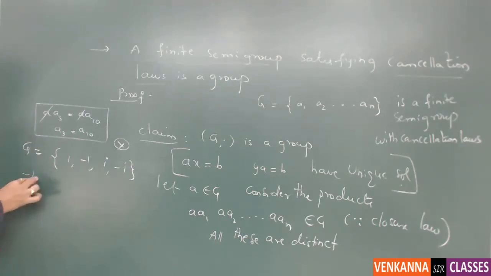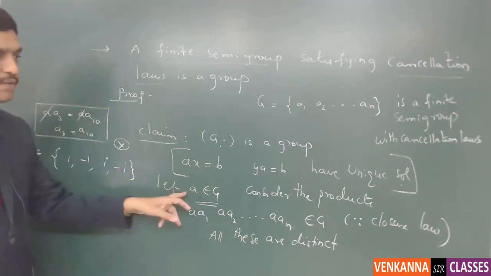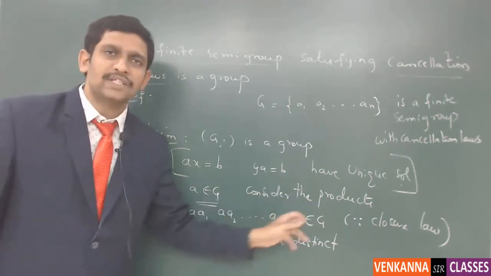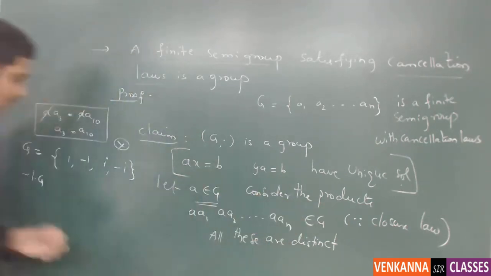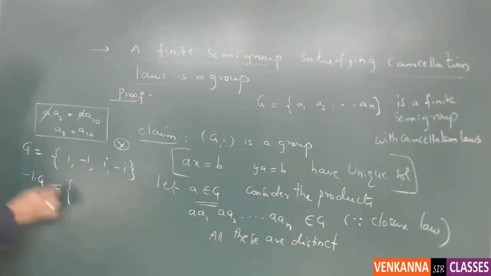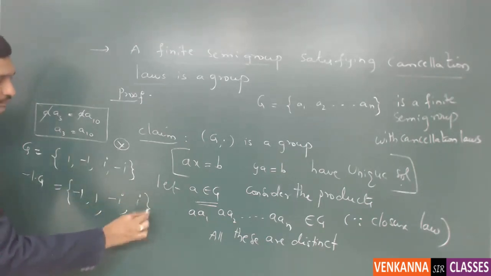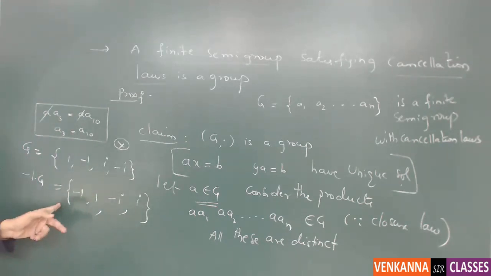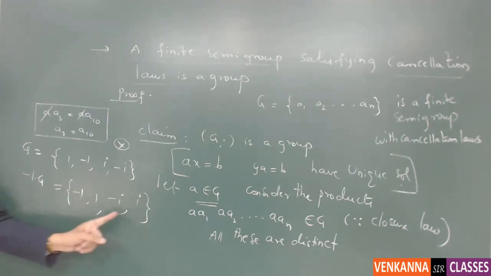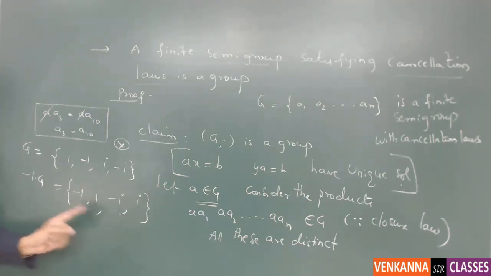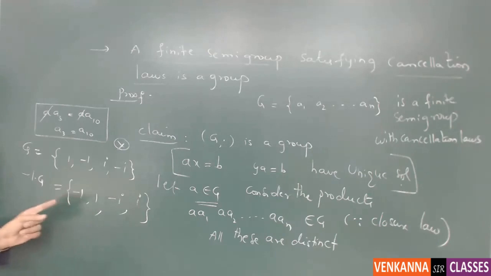So what I am doing is -1 into G. Just like if I take an element, I am multiplying all the elements of G with that element. So it is nothing but -1 into 1, -1 into -1, -1 into i, -1 into minus i. You accept or not? So all these values are distinct. You agree? No value is repeated.